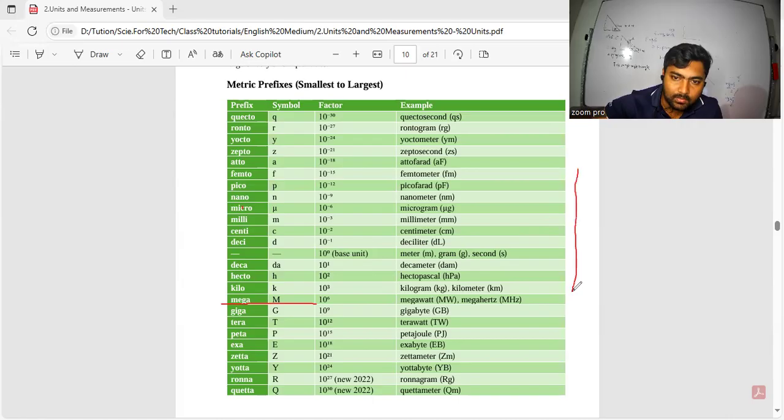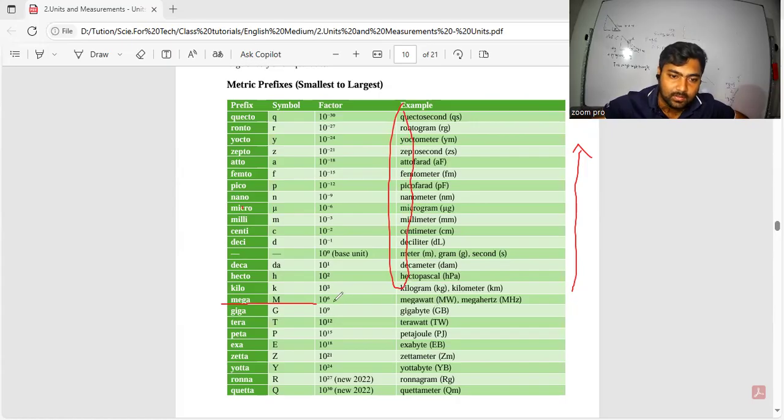From here to here, that means the prefixes below 10 to the power 6. This is 10 to the power 3, which is below 10 to the power 6, no? These are under 10 to the power 6, so those should start with simple letters.